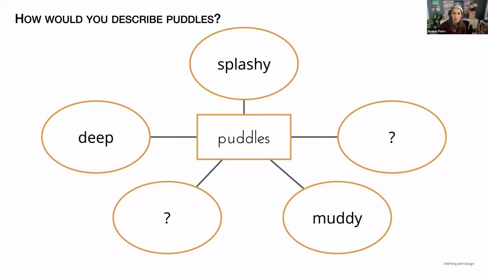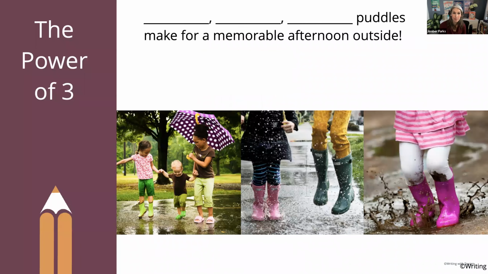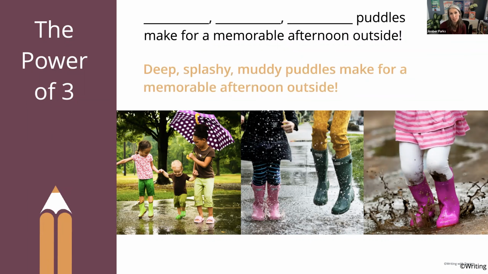Muddy puddles. Maybe they're cool puddles in terms of the temperature. So you can brainstorm more, but again, taking the topic of the sentence, puddles, the subject of the sentence, let's brainstorm what are some adjectives that could go around it to help us better picture these puddles, and then put it into the power of 3. So something like deep, splashy, muddy puddles make for a memorable afternoon outside.